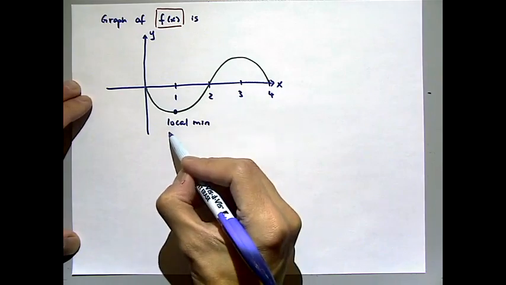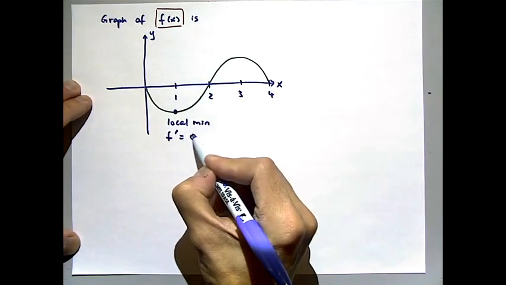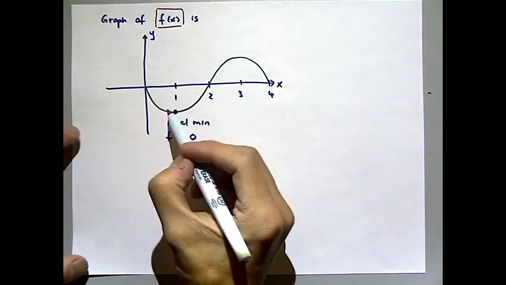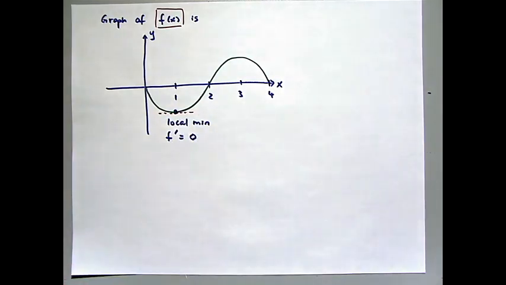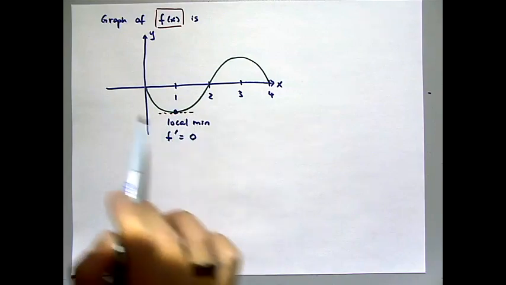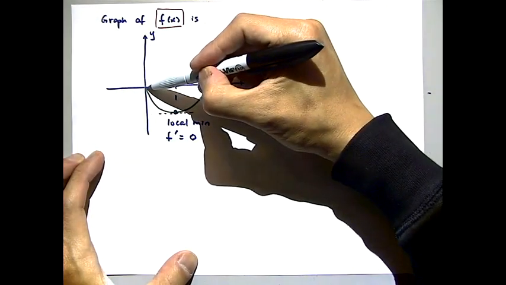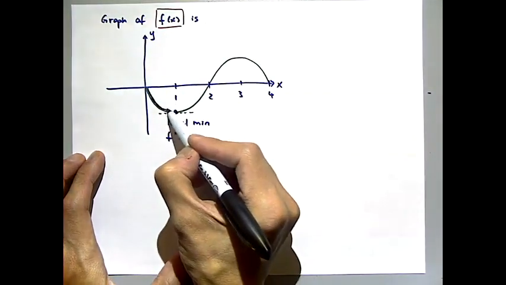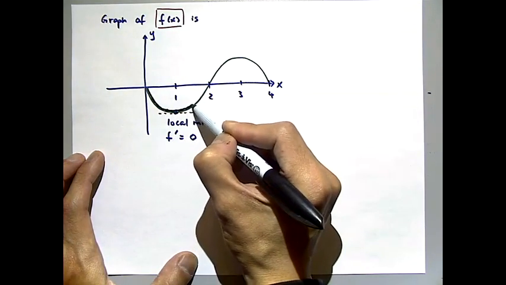We know this occurs just by looking at the graph: f prime is equal to 0. We know that's a necessary condition, a flat tangent line. Now also look at the shape of the graph near the local minimum. So I'm going to make that part a little bolder, kind of like this.